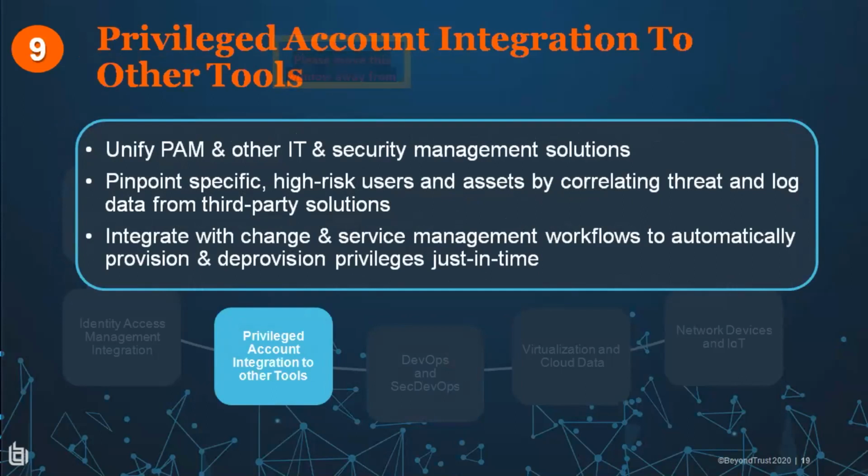This needs to be integrated with your tools. Specifically, you'd want to have it integrated with your SIEM, your user entity and behavior analysis tools, your ITSM tools, and your asset management tools. These four are what I call the immediate priorities.